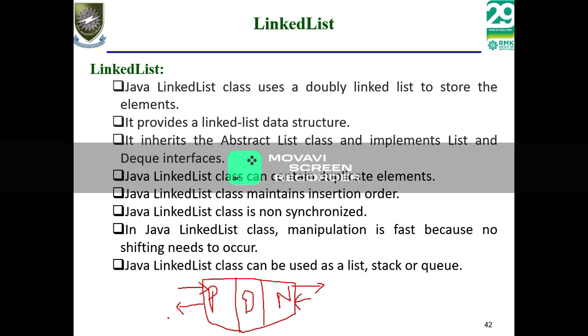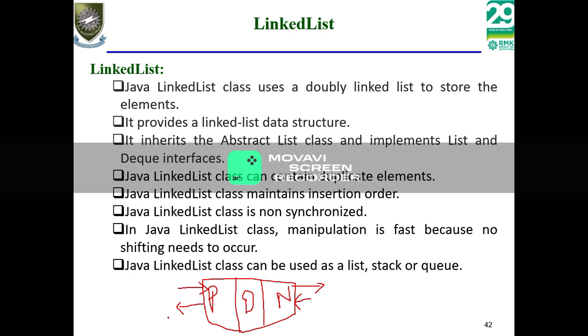As I already said, it provides a linked list data structure, that too a doubly linked list data structure. It inherits the abstract list class and implements the list and Deque interfaces. In the framework itself you can understand that ArrayDeque and linked list both relate to each other, which means the properties of ArrayDeque and linked list are similar.